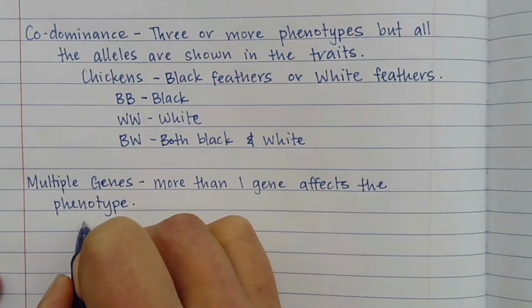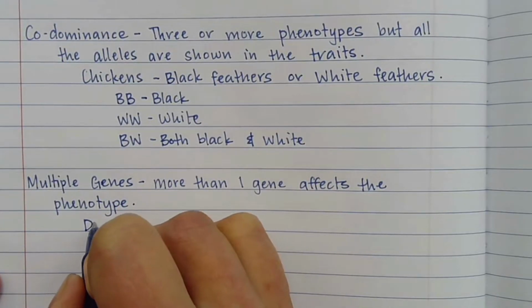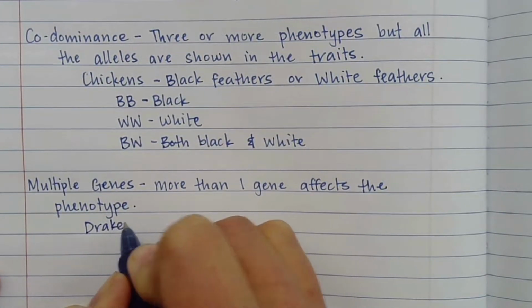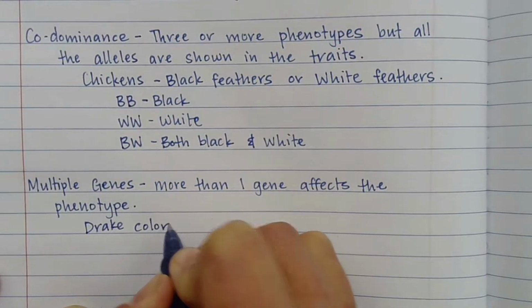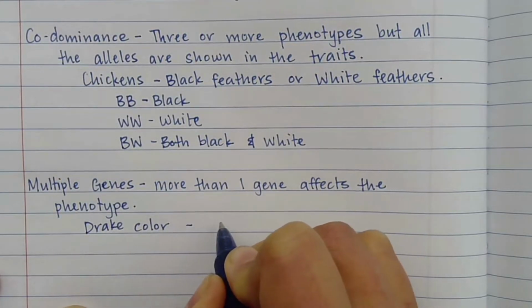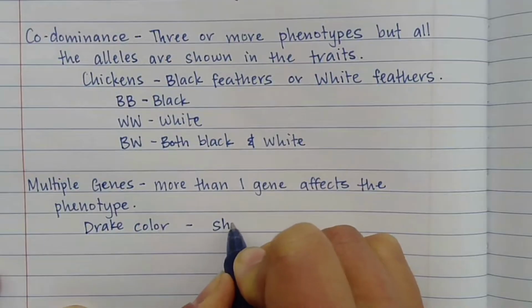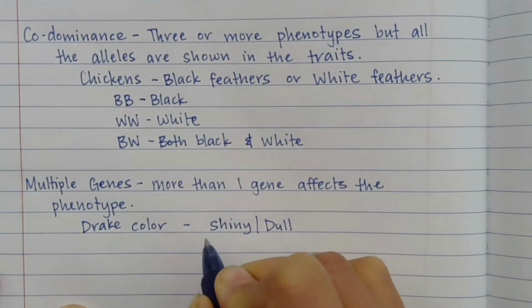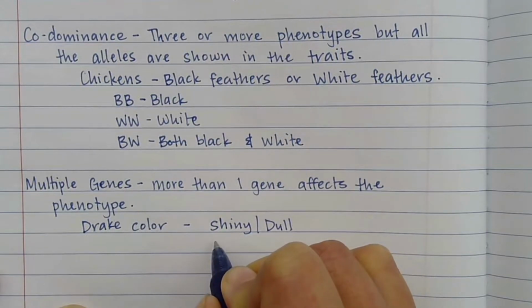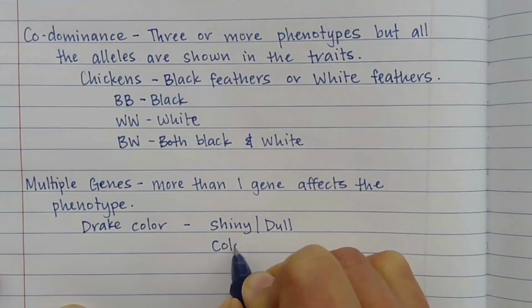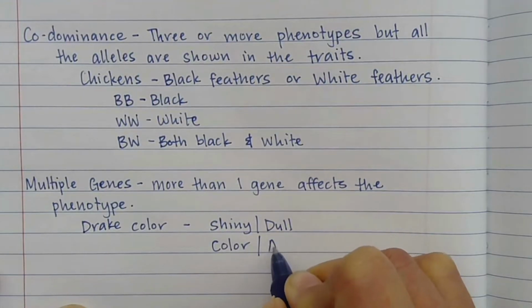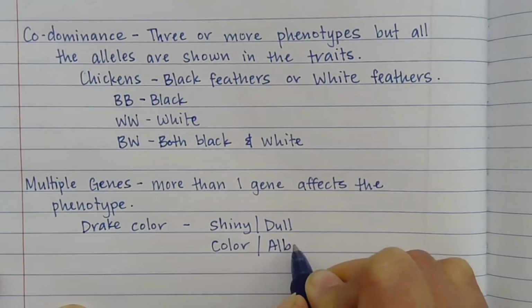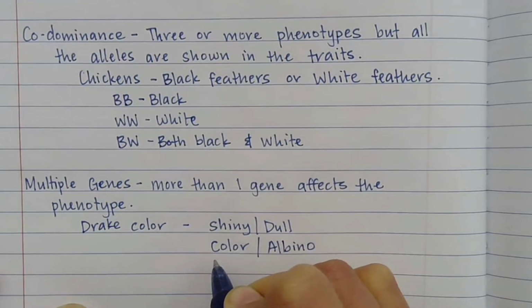And in the drakes, we saw this with drake color. There was a gene for if it was shiny or dull, and shiny was dominant. And then there was a gene for if there was color or albino, and color was dominant.